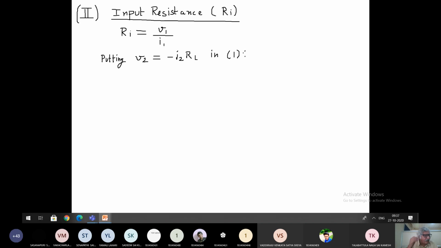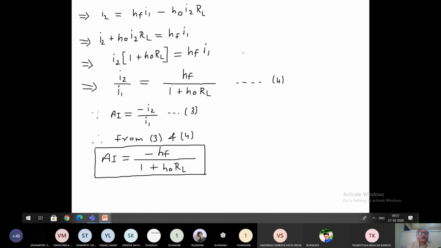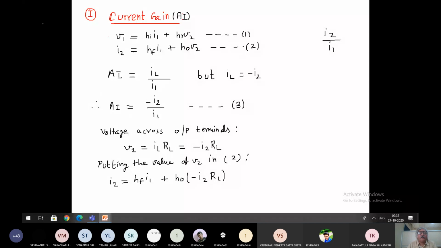In equation number 1. See, what is equation number 1? This is equation number 1. Okay.